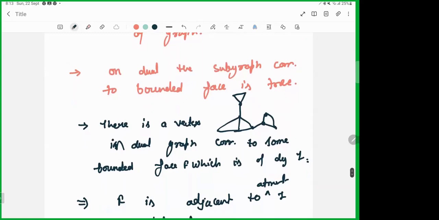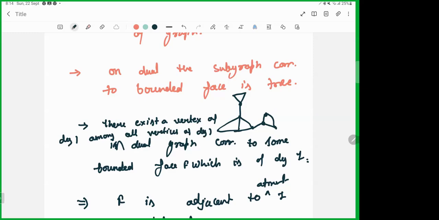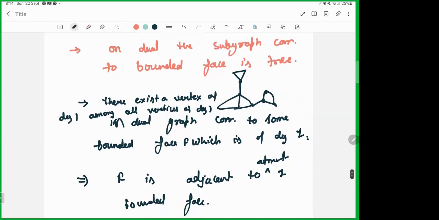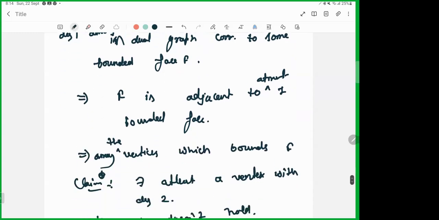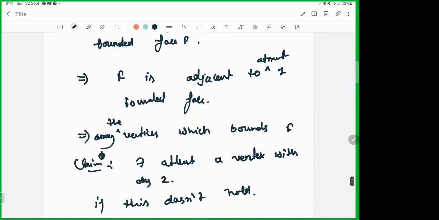There exists a vertex among all leaves, I suppose, in the dual, of degree 1 among all vertices of degree 1 in the dual graph, corresponding to some bounded space F.